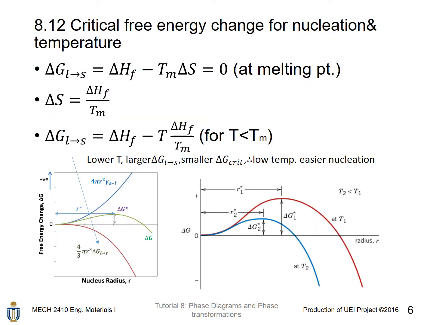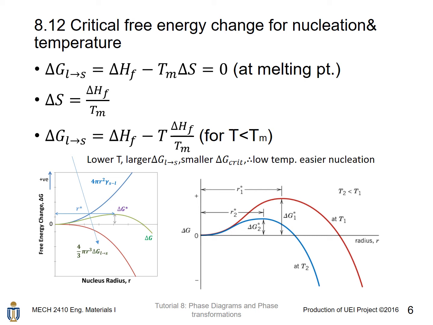Using the expression defined for the free energy change, from liquid to solid it is defined as the enthalpy change of formation of the solid minus the melting point times delta S, which is the change of entropy.